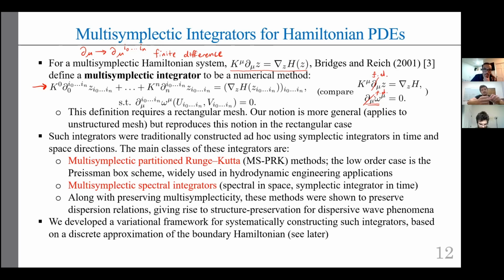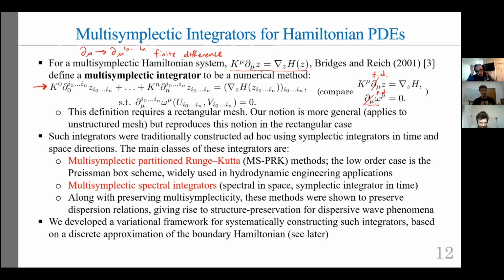It's a very ad hoc definition of multisymplecticity, and it also requires two pretty restrictive assumptions. One is that you're using a rectangular grid, and the other is that you're using finite difference operators. And finite difference operators aren't the only way to discretize the PDE. There's finite element, finite volume. So this notion is both ad hoc and pretty restrictive already.